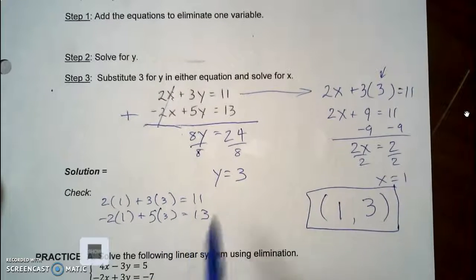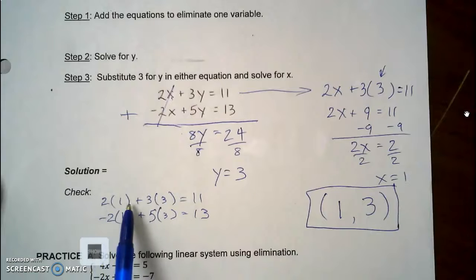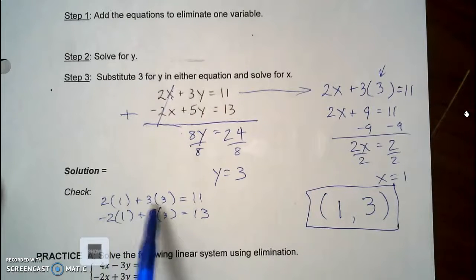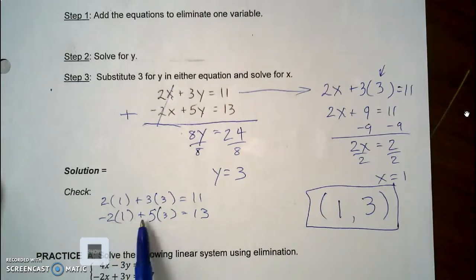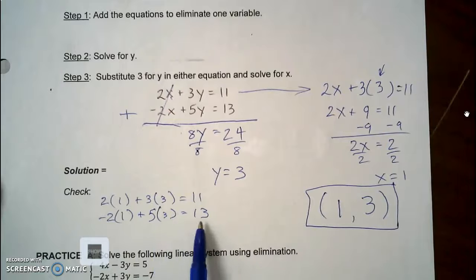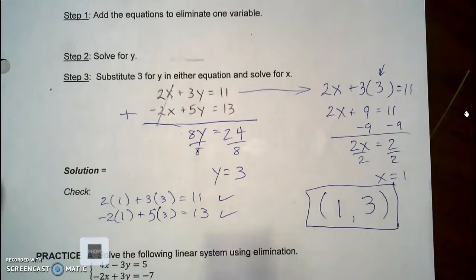I should get 13. Well, let's see. Do some mental math. 2 plus 9, 3 times 3, right, is 11. That's right. Negative 2 plus 15 equals 13. That one's right too. This is the only point that will make them both balance.